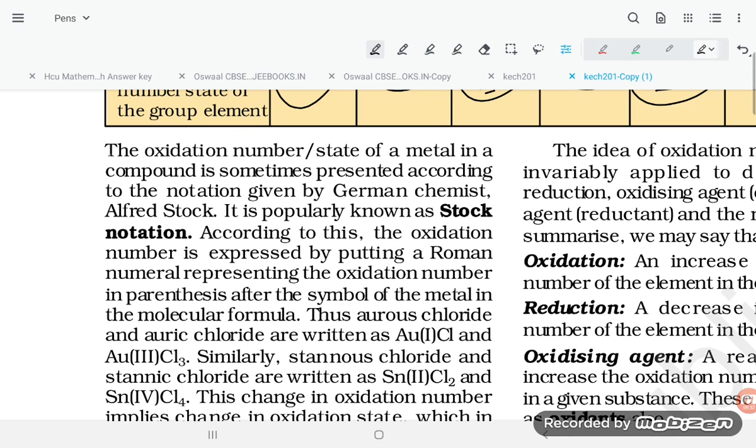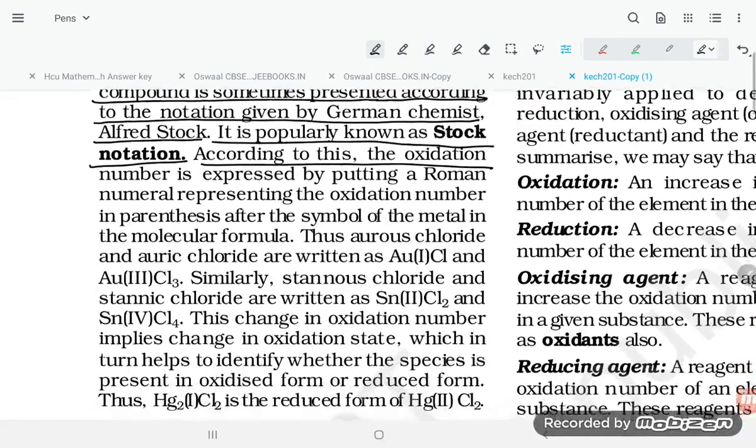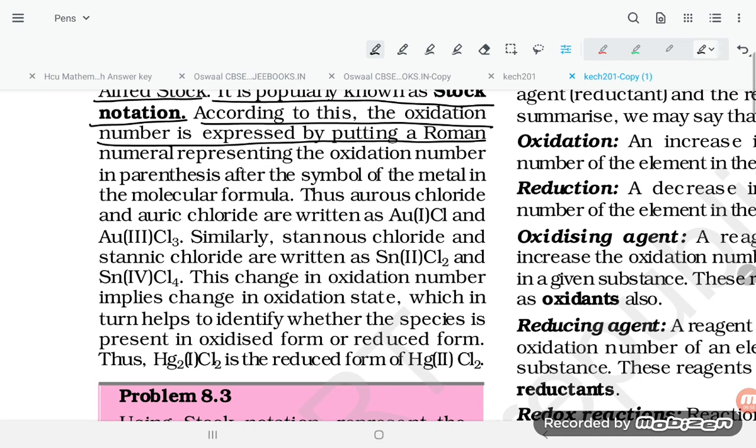Now you see, the oxidation number or oxidation state of a metal in a compound is sometimes presented according to the notation given by the German chemist Alfred Stock. It is popularly known as Stock notation. According to this, the oxidation number is expressed by putting the Roman numeral representing the oxidation number in parentheses after the symbol of the metal in the molecular formula.